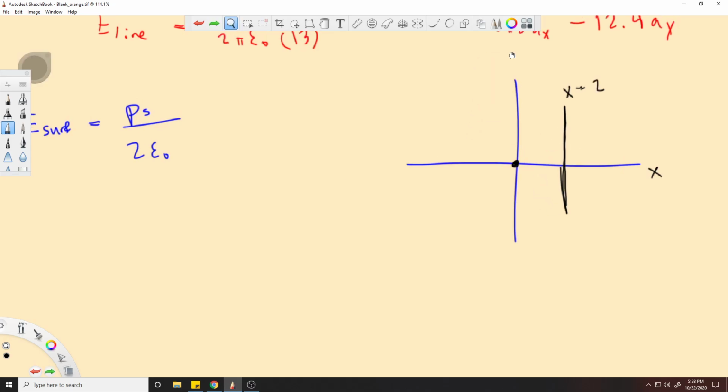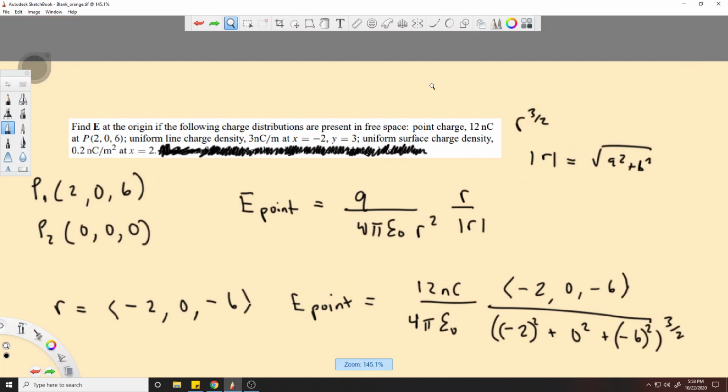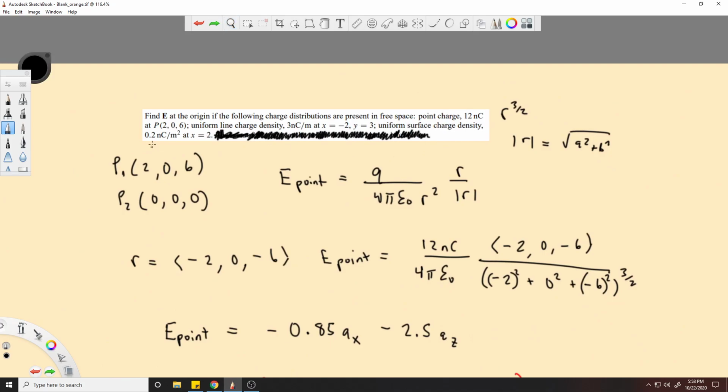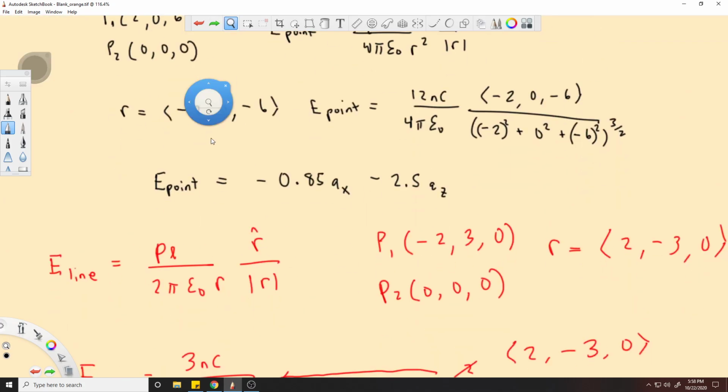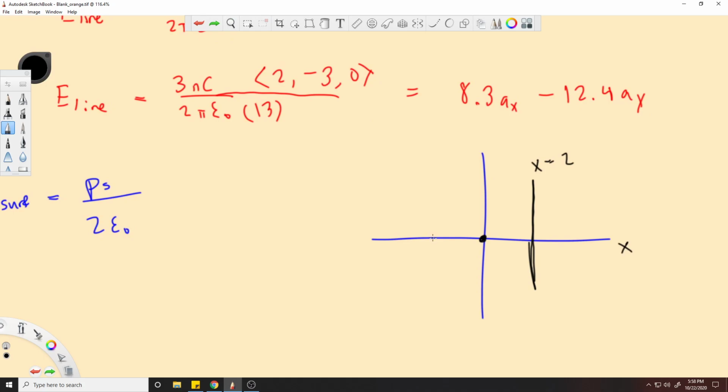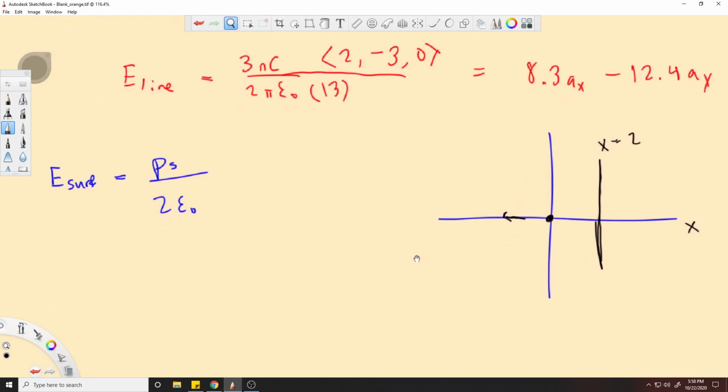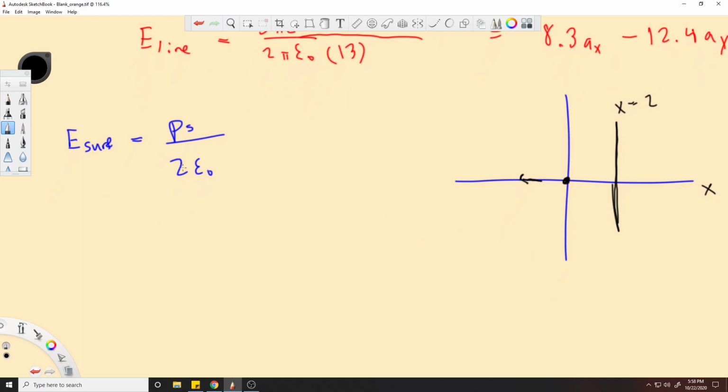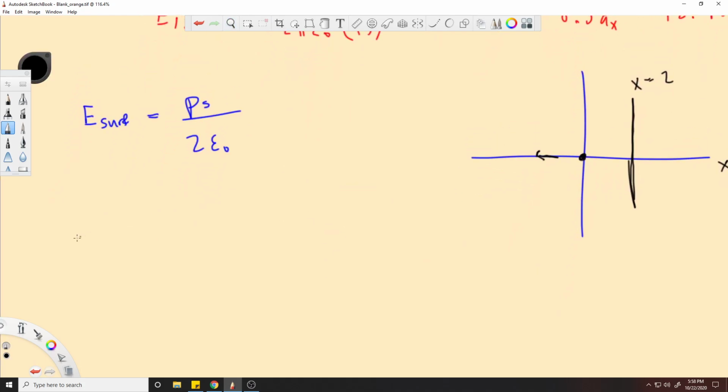So we need to look and see. Okay, so it's a positive charge. You see there's no negative sign? So now we know that this will be pointing in the negative direction, because this gives us the magnitude, but it doesn't really tell us the direction. So now we know that this will be a negative number.